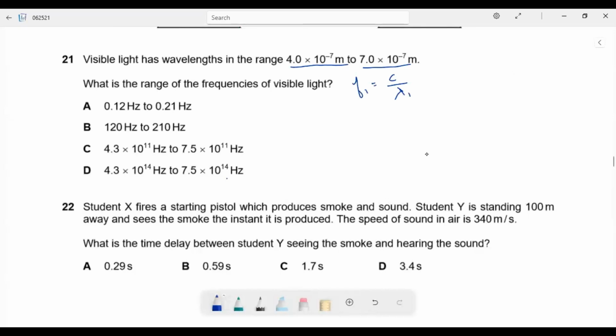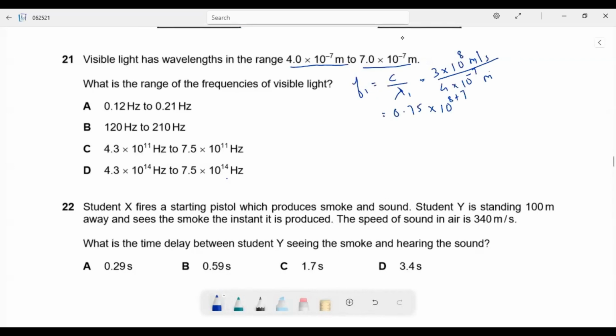So, F1, if I'm taking this wavelength lambda 1 as 4 into 10 raised to minus 7, F1 can be written as C, which is 3 into 10 raised to 8 meter per second, by lambda 1, which is 4 into 10 raised to minus 7 meter. So 3 by 4, that is 0.75 into 10 raised to 8. This will go on the top, means plus 7.